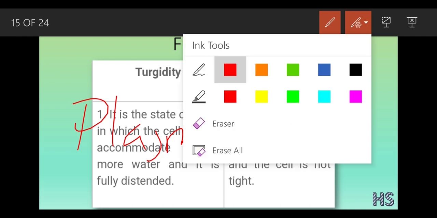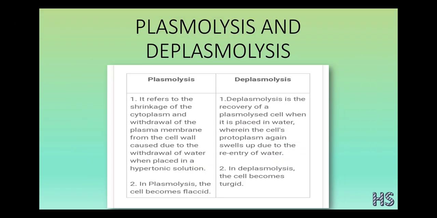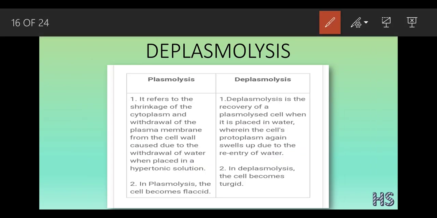What is plasmolysis? It refers to the shrinkage of the cytoplasm, that is, the withdrawal of the plasma membrane from the cell wall due to the withdrawal of water when cells are placed in a hypertonic solution. In plasmolysis, the cells become flaccid.